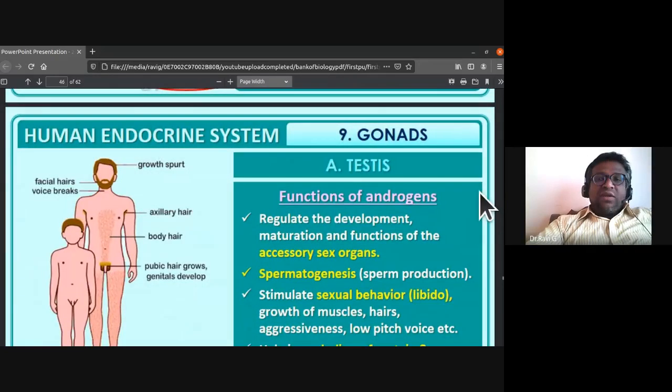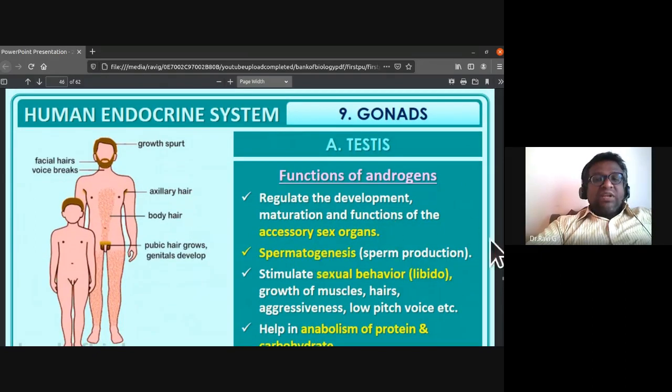Functions of androgen: they regulate the development, maturation, and function of the accessory sex organs. Especially for primary sexual characteristics, testosterone brings about maturity of the testes and production of sperms.